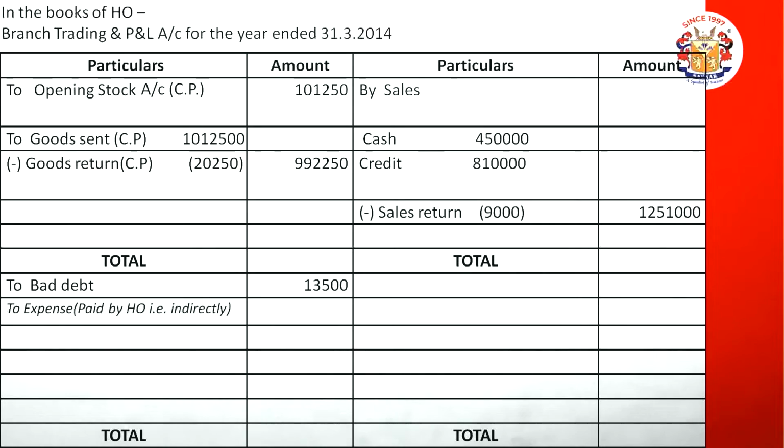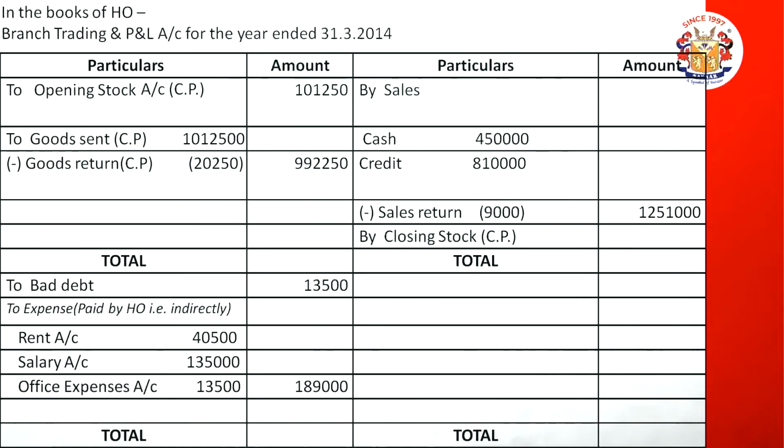Next one, expenses. Branch expenses paid by HO but indirectly will be treated as indirect branch expense and would be debited to branch profit and loss account. 405,000 for rent, 1,35,000 for salary, and 135,000 for office expenses. Total 1,89,000. Okay.